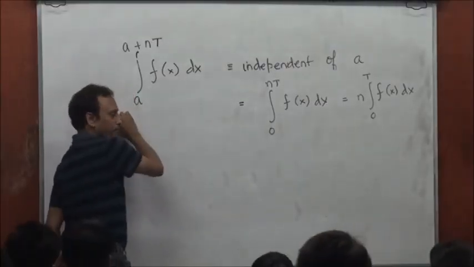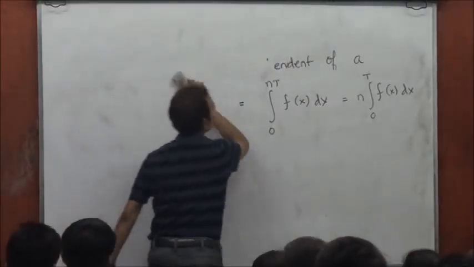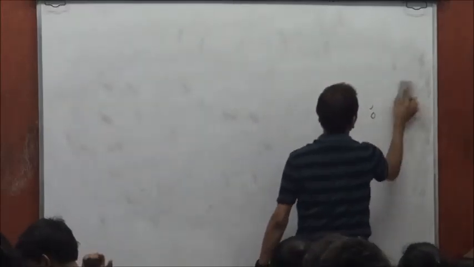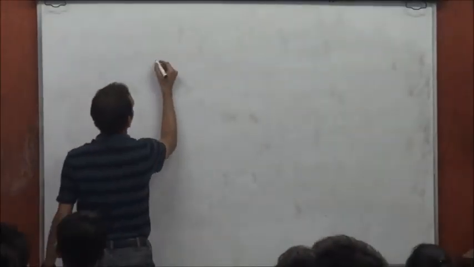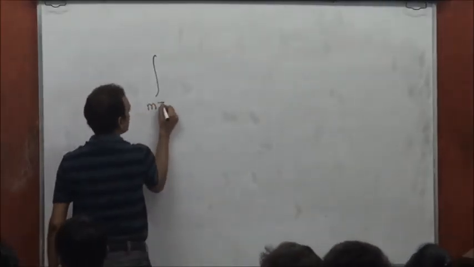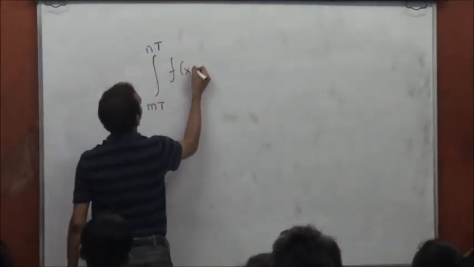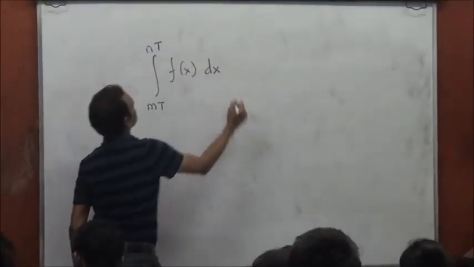Can I write this off? m is an integer, n is an integer, t is the period of the function.